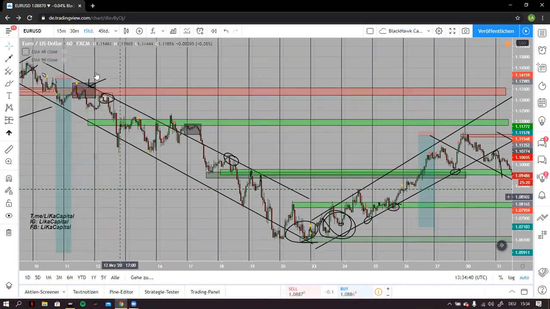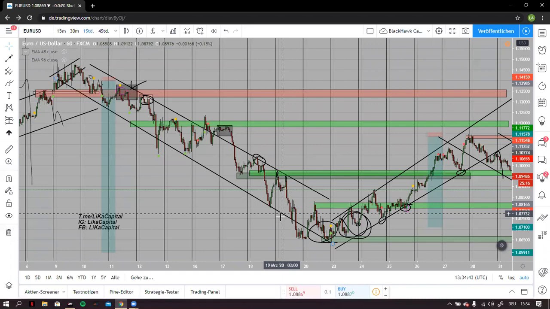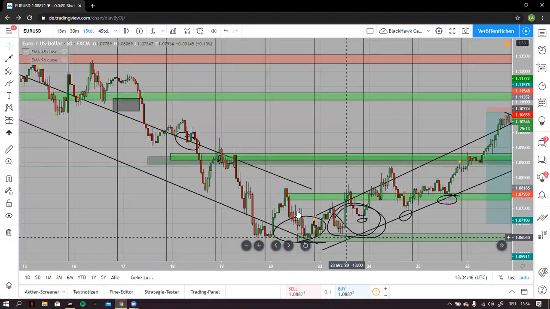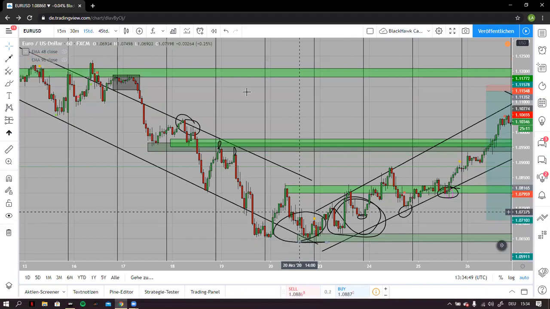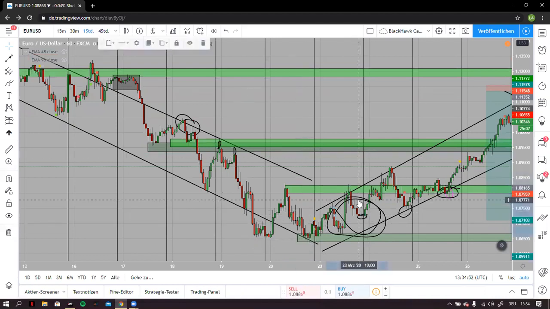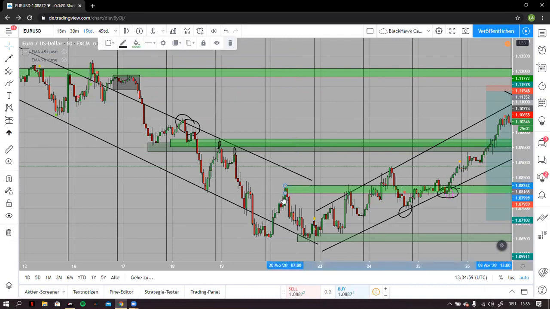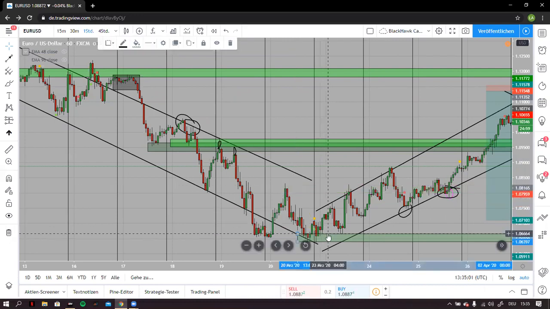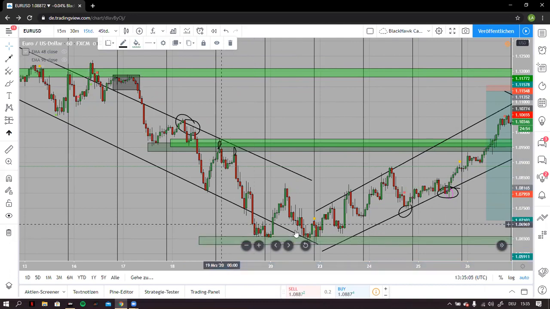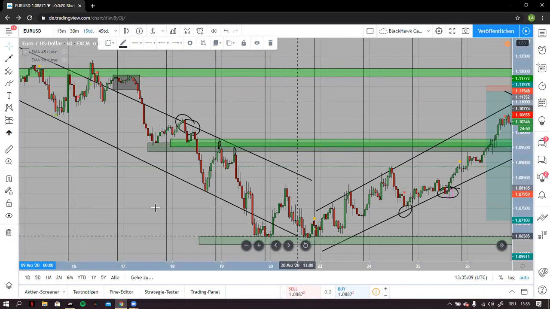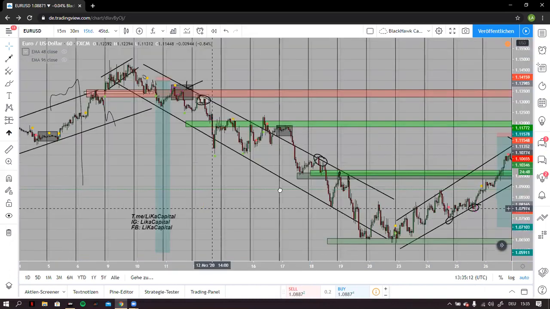Market makers came down the whole week, accumulating sell orders, rejecting the zone, the low of the week. Let me delete this one so you can see it clearly. Yes, I think that looks good.